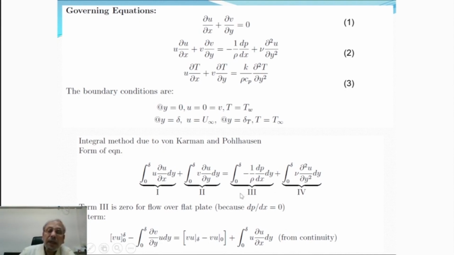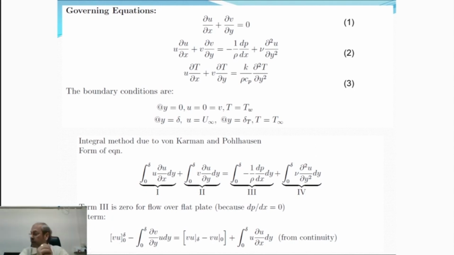So here we are neglecting dp dx, and the second term is basically v del u del y dy, integration 0 to delta.